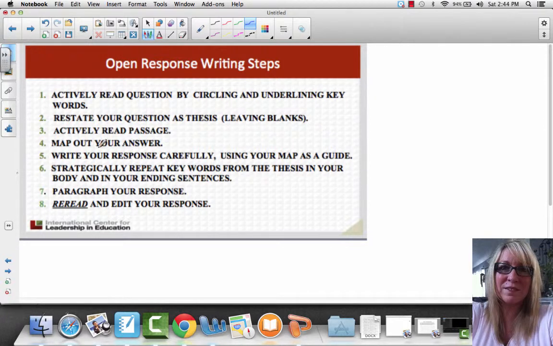You can find the graphic organizer on the back of your paper. So what we're going to do next is write our response carefully using the map as a guide. Strategically repeat key words from the thesis in your body and in your ending sentences. Paragraph your response and then reread and edit your response.